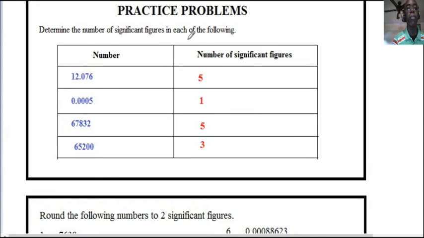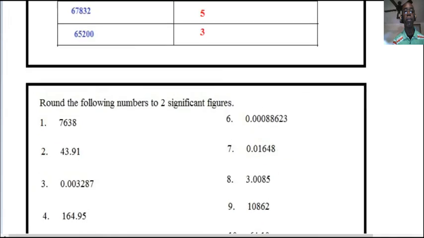These are the answers. The first number has 5 significant figures, the second has 1, the third has 5, and the fourth has 3. Okay, you are watching a lesson on significant figures, which is being presented by Peter Smith.